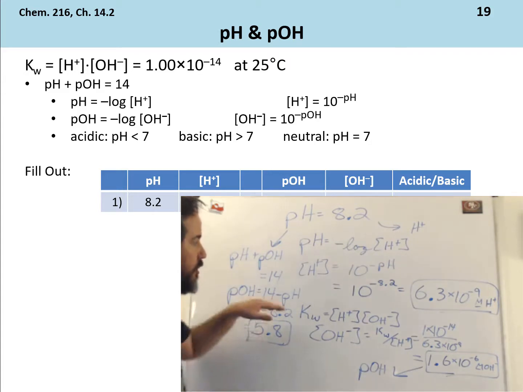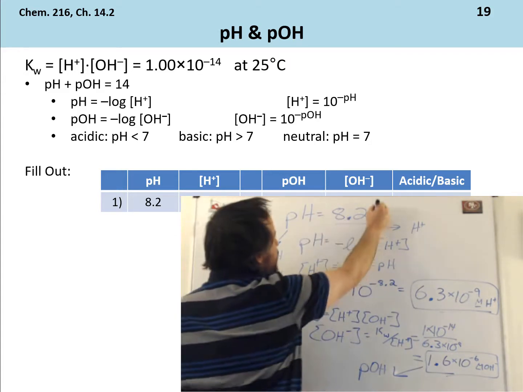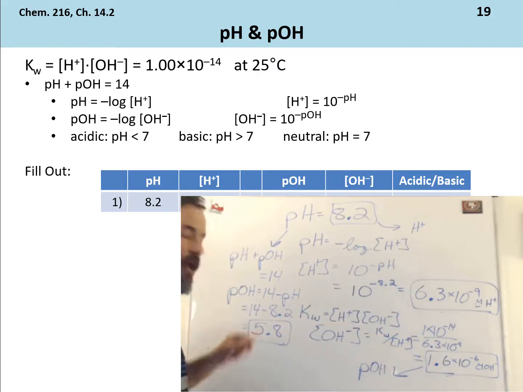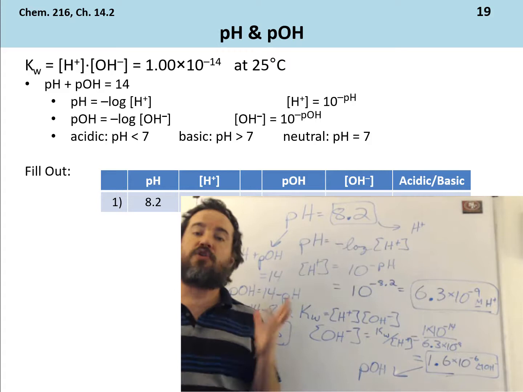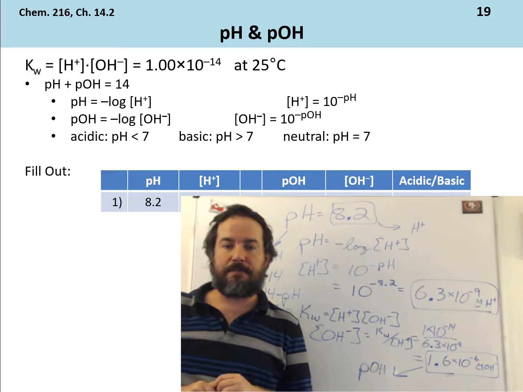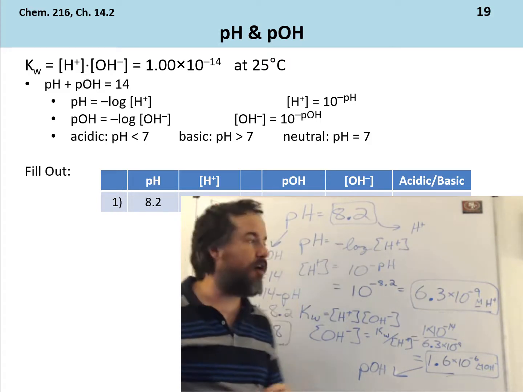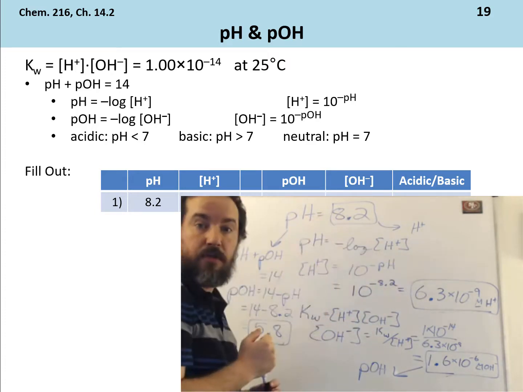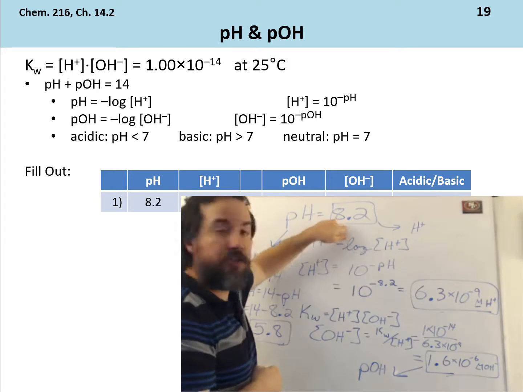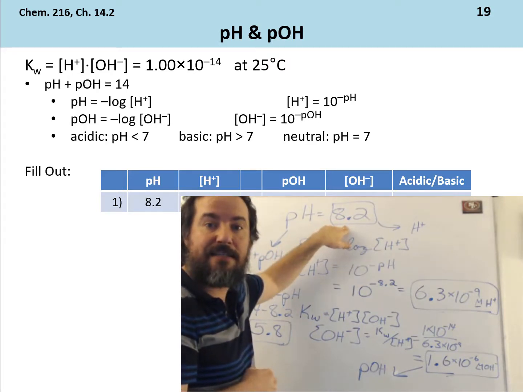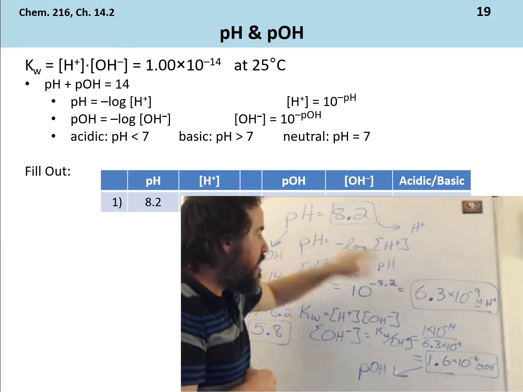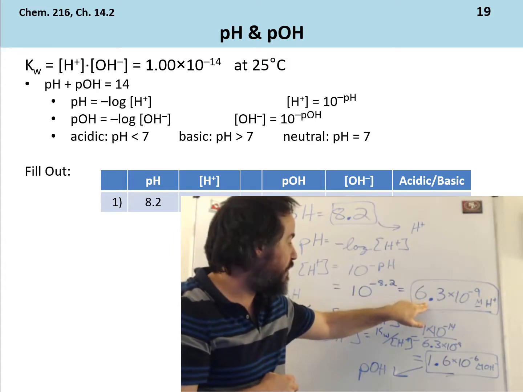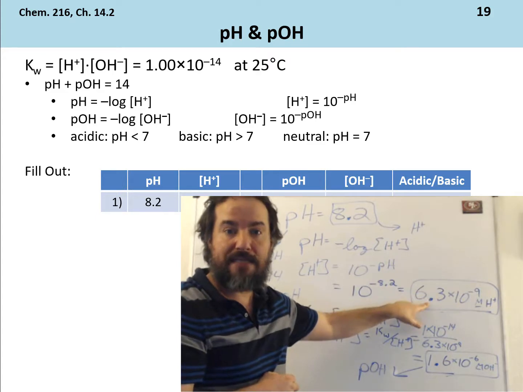Okay? All right, so I started off with pH, and I was able to find H plus, OH minus, and also pOH. So is this acidic or basic? We should be able to tell based on any one of these numbers. If my pH is greater than 7, that means it's basic. If my H plus is less than 1 times 10 to the negative 7th, that means it's basic.